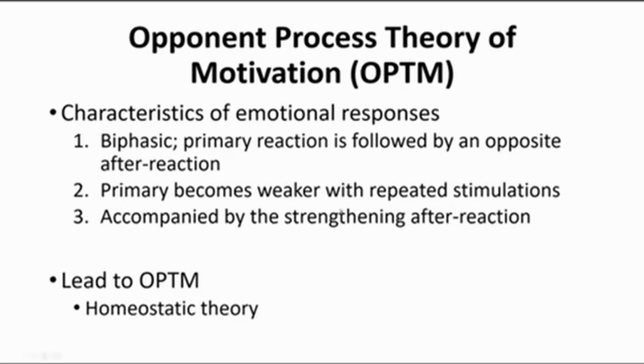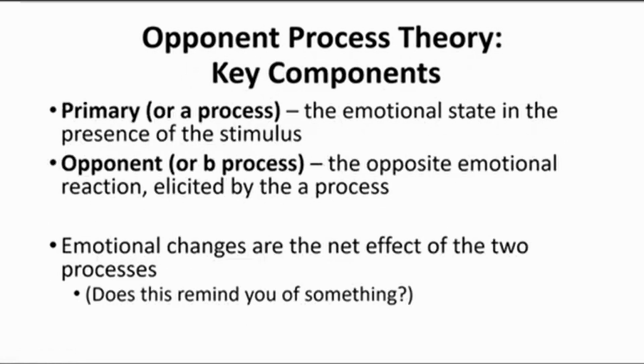And that's where those very strong after reactions of negative emotions could come after primary positive emotions. So those mechanisms that drive this homeostatic balance are very key in this whole process. And this should sound very familiar because you would have covered this in 104 and possibly other classes since.